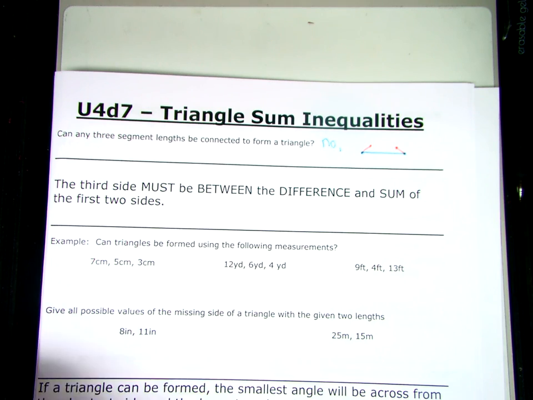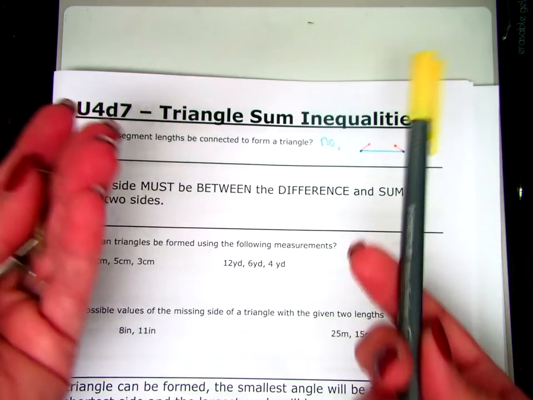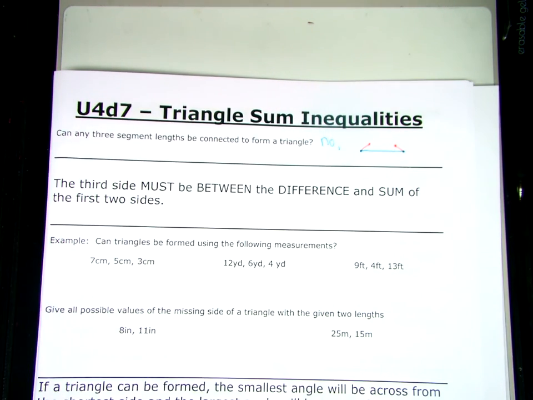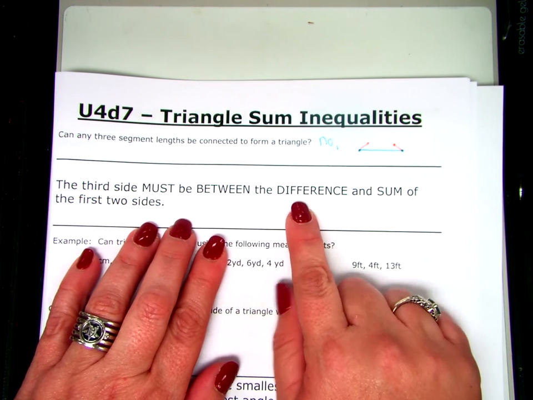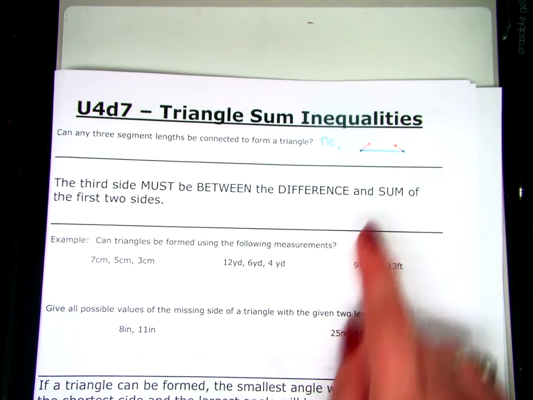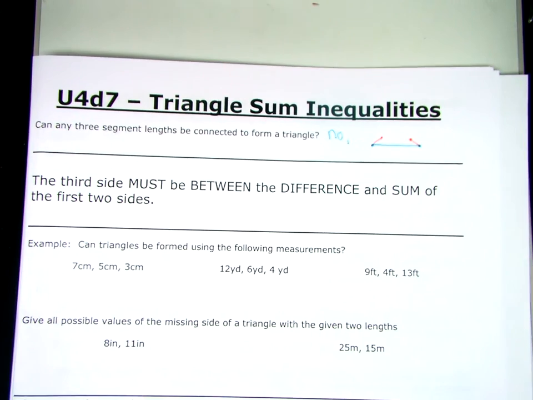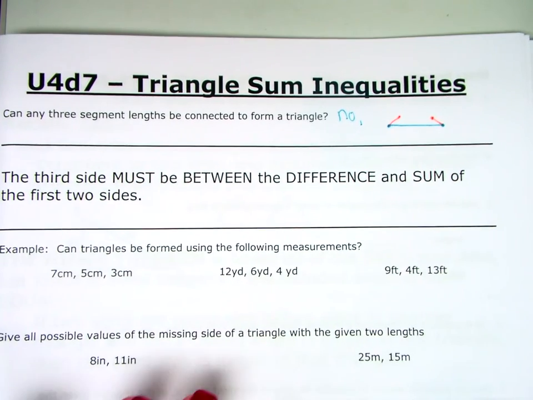But how do I know without actually having the three segments and trying it out, how can I tell whether or not they'll work? Well, your third side must be between the difference and the sum of the first two sides. When I say difference, what does that mean? Yeah, when you subtract them, okay?